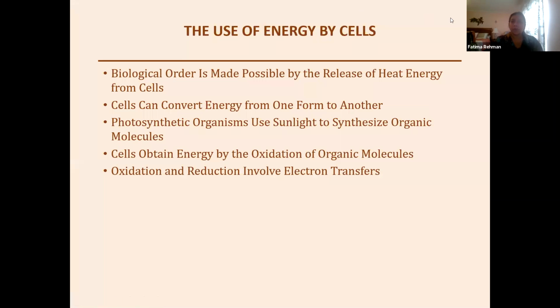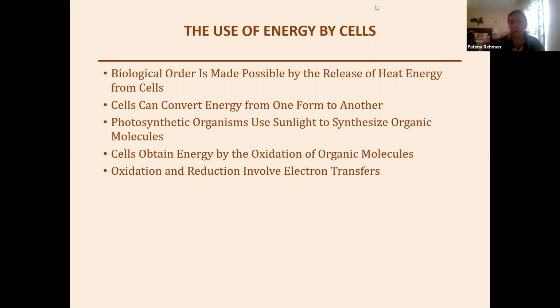So just to review this first part, we maintain biological order in our systems because we can release the extra heat into the environment and cause disorder in the environment instead of disorder inside. Cells are able to convert energy from one form to another.